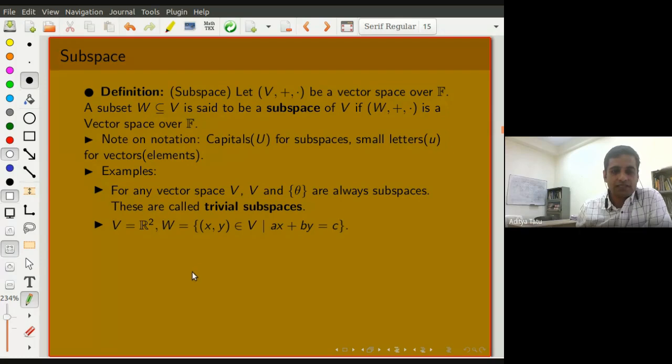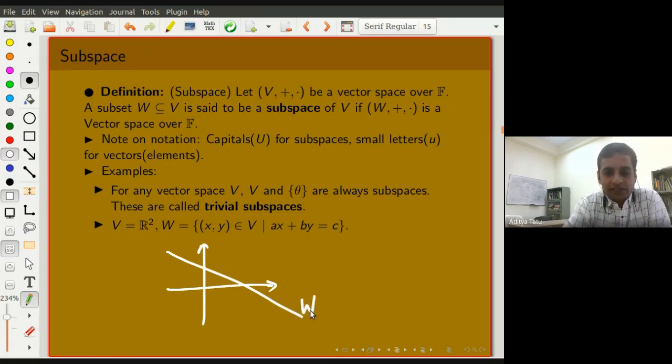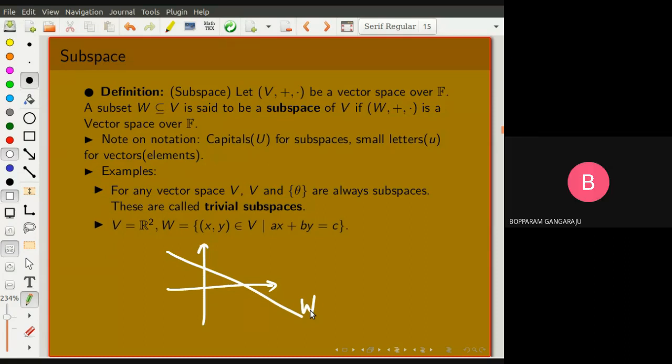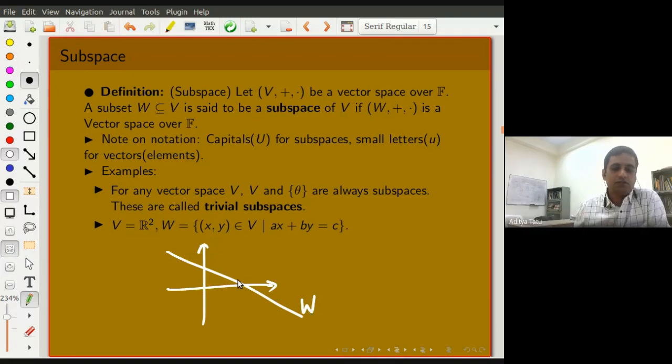Fine. So let's take this line. Will this line be a subspace? It should pass through the origin. Yes, so this should be a subspace. Let's look at closure with respect to scalar multiplication.